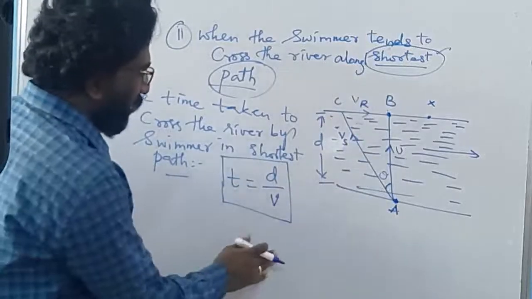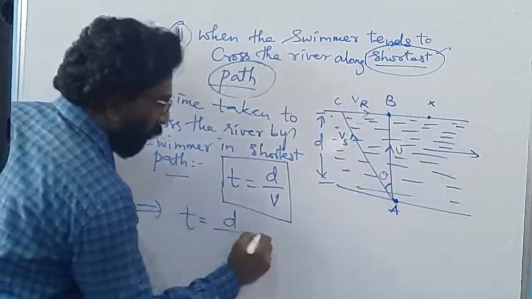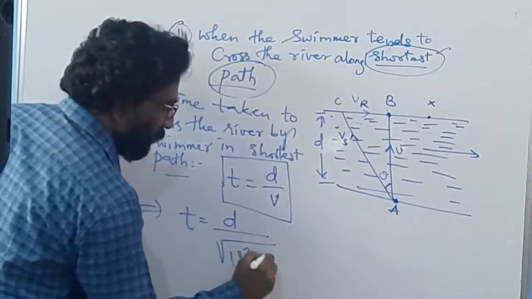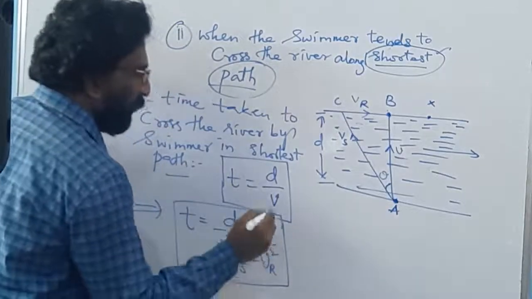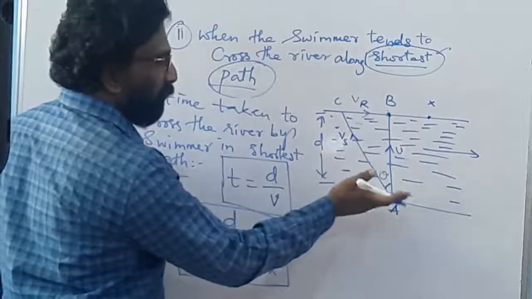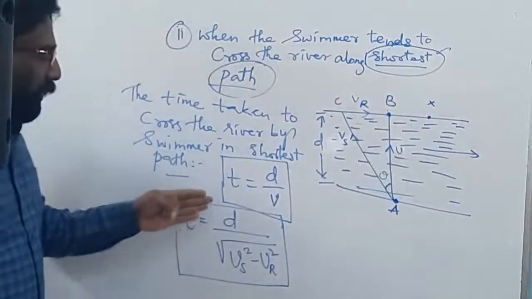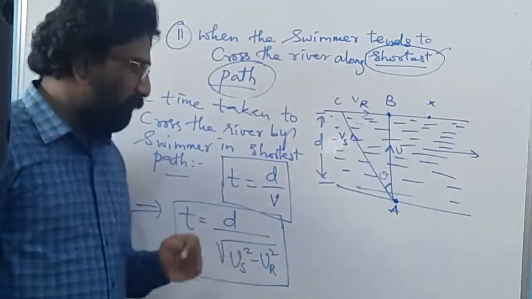So now the time taken will be t is equal to d over, what is v? Just now we have calculated: V is equal to square root of Vs square minus Vr square. So this is the time taken by a particular swimmer in order to cross the river from one bank to another bank in the shortest path. So T is equal to D over under root of Vs square minus Vr square.